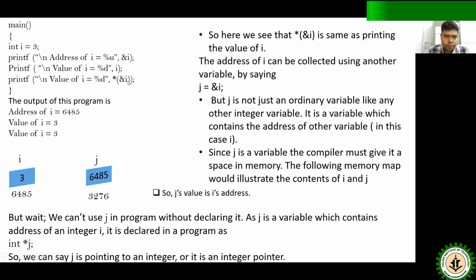So what does it mean? It means that &i is basically the address of i. If we consider the same situation that i is stored at memory location 6485, then &i is giving the value 6485.